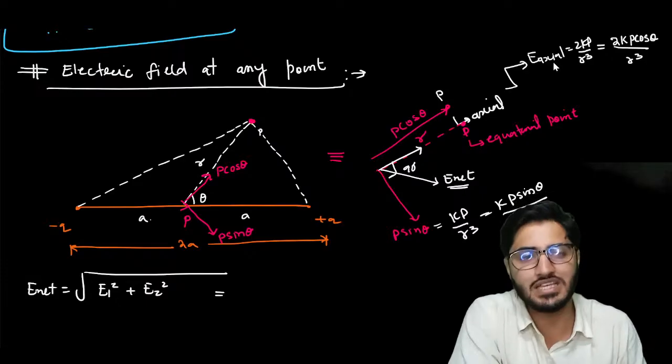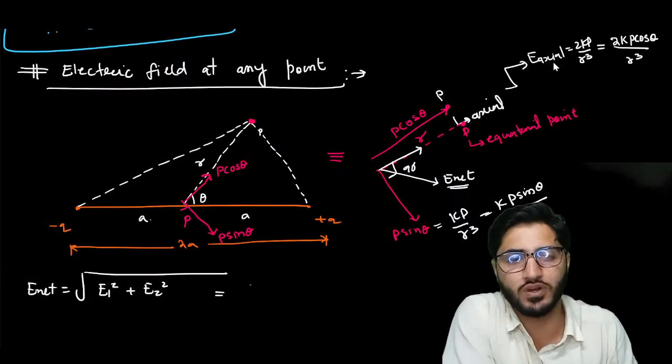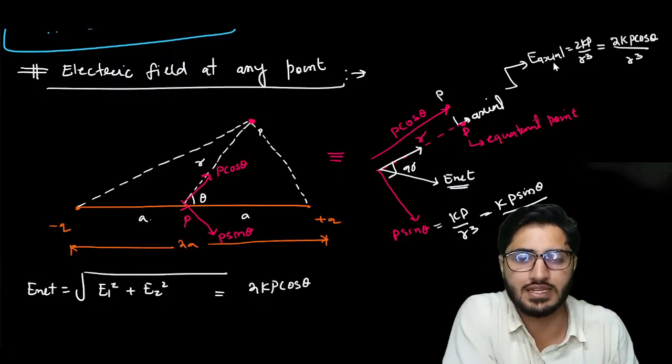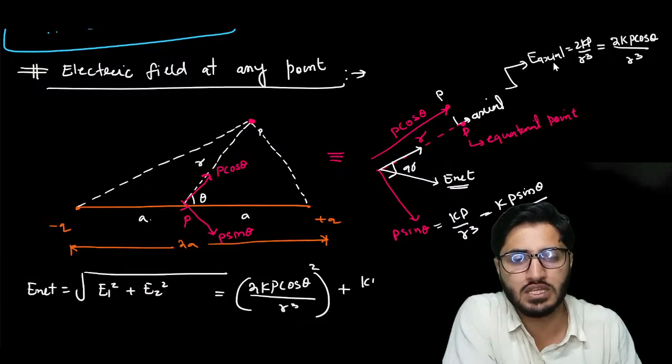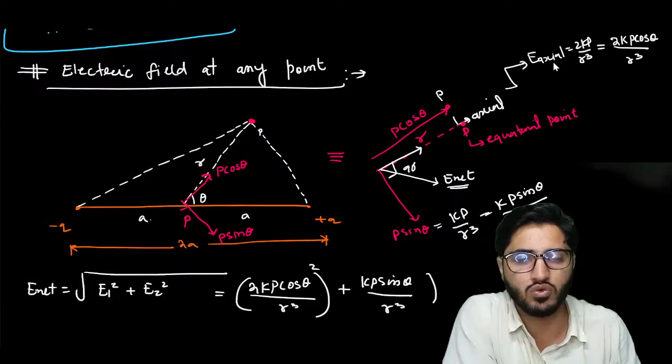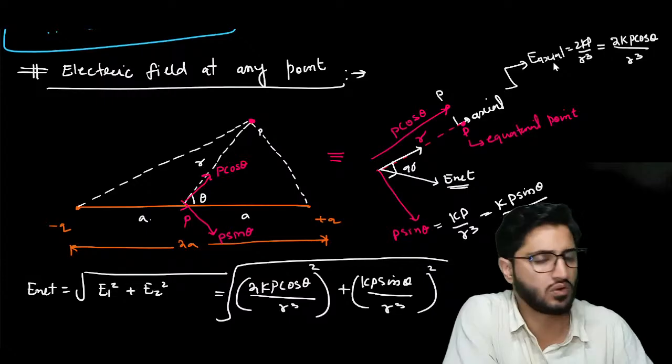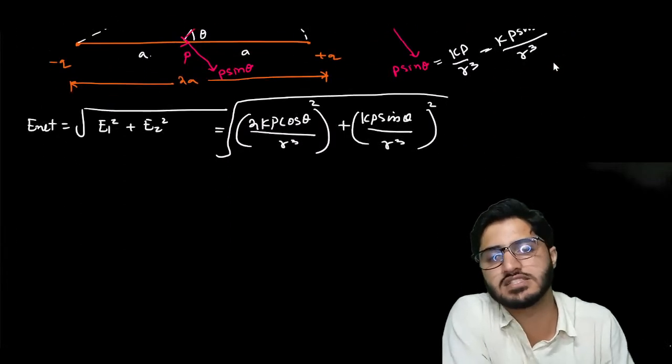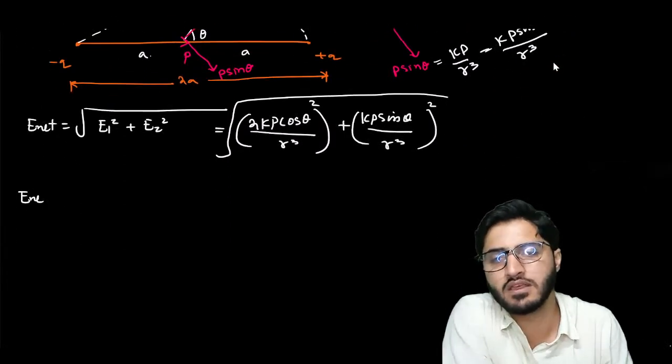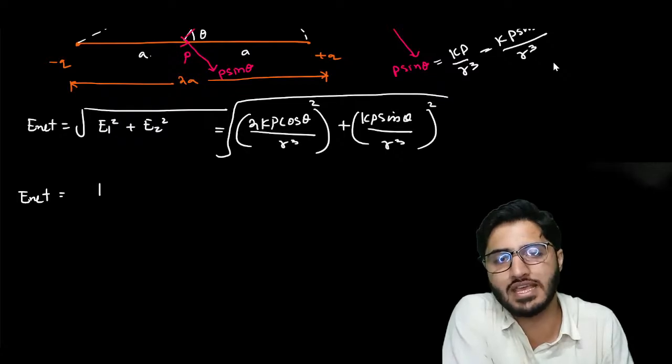E1 is 2kp cos theta by r cube, whole square, plus E2, which is kp sin theta by r cube, squared, then root. Physics is done here. Now what I can do is take k common, p common, r cube common.